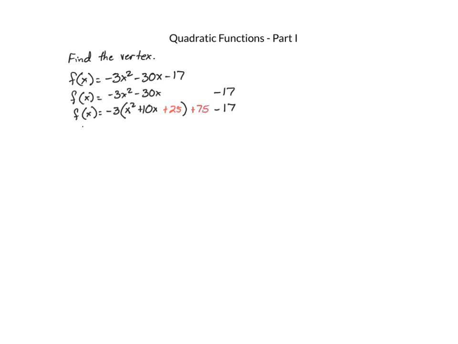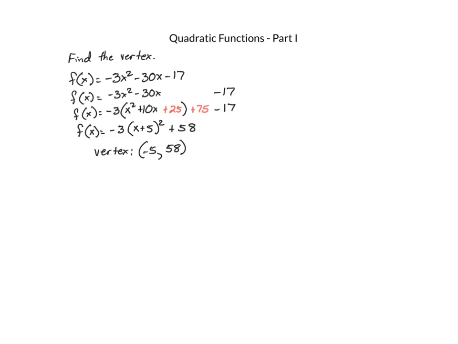So our function will read f of x equals -3 times the quantity x plus 5 squared plus 58. Our function is in vertex form, so we can just state our vertex. It is -5, 58.